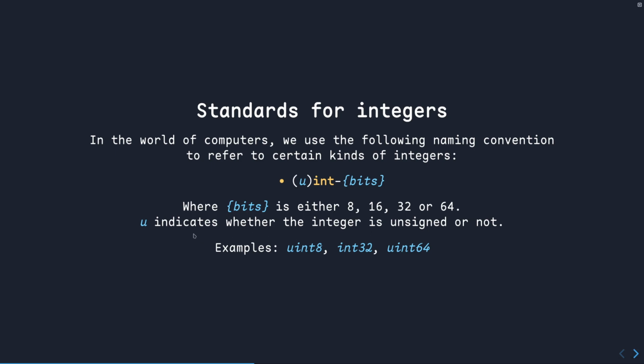So a uint8 would be an unsigned 8-bit number, and an int32 would be a signed 32-bit number, and so on.